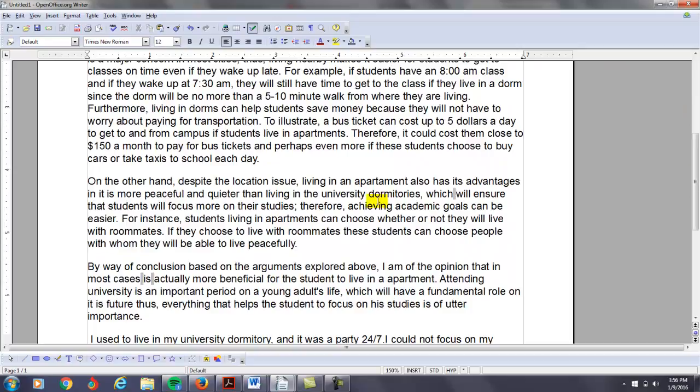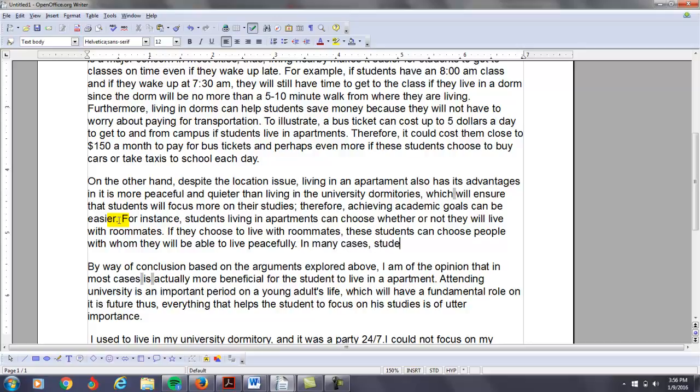So then here we might say, let's kind of finish this paragraph. You say, for instance, students living in apartments can choose whether or not they will live with roommates. If they choose to live with roommates, these students can choose people with whom they'll be able to live peacefully.